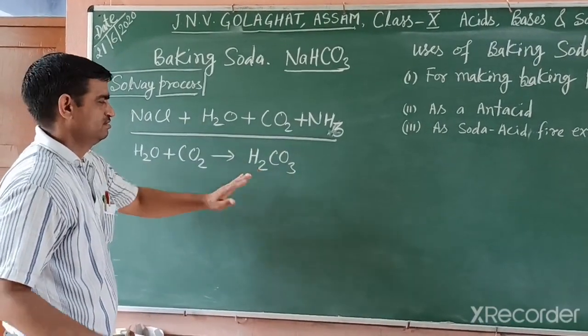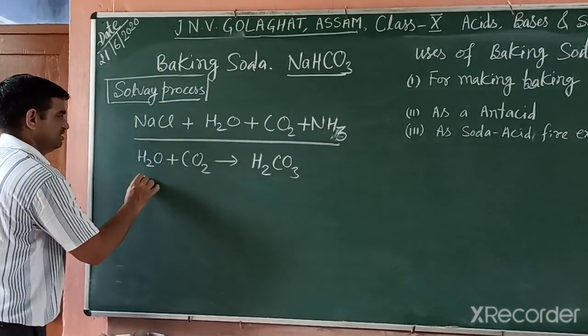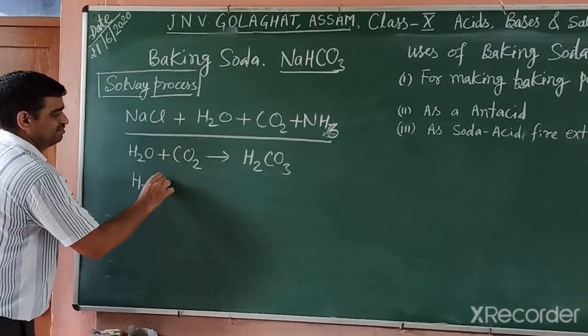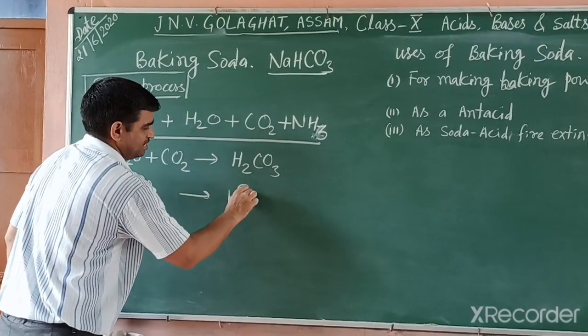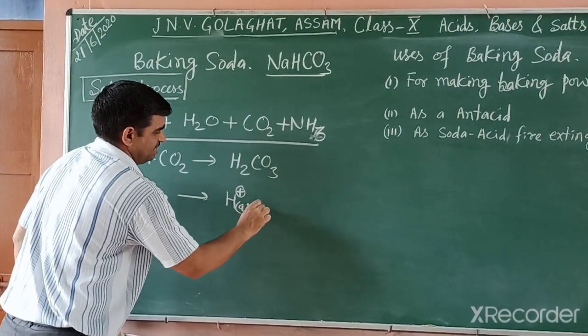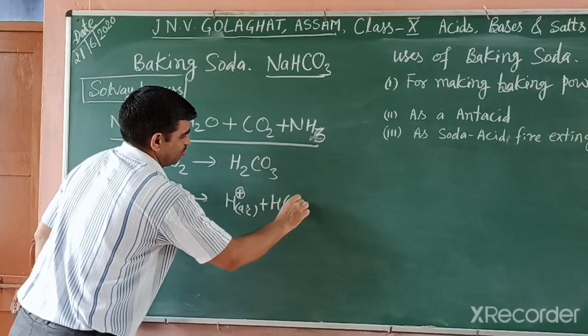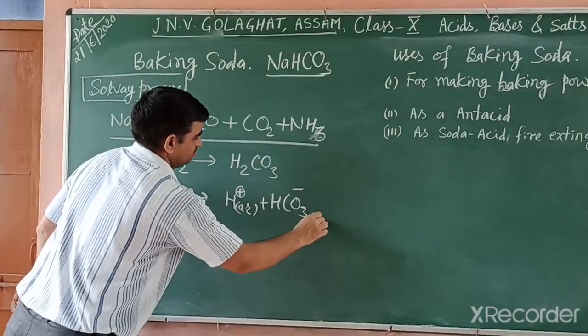Carbonic acid, we already know, when dissolved in water, dissociates into its respective ions, hydronium ion and bicarbonate ion.